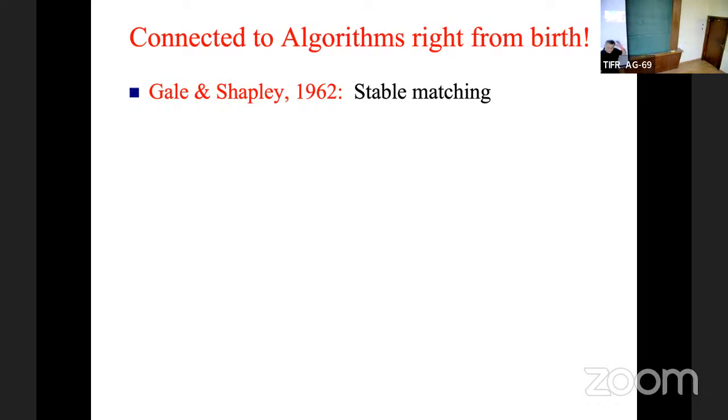But if you look at all the various mechanisms that have come out of economics and game theory, most of them don't have good algorithmic properties, like Nash equilibrium and market equilibrium and so on. We are realizing more and more of that as we give intractability proofs. But this one does.